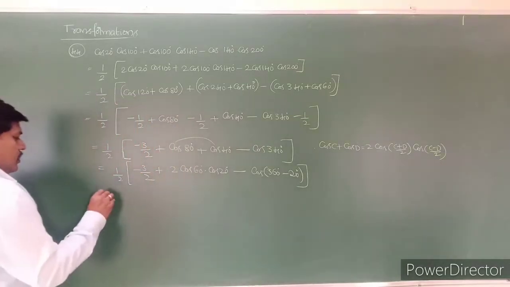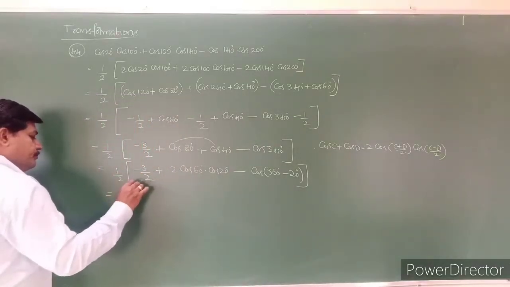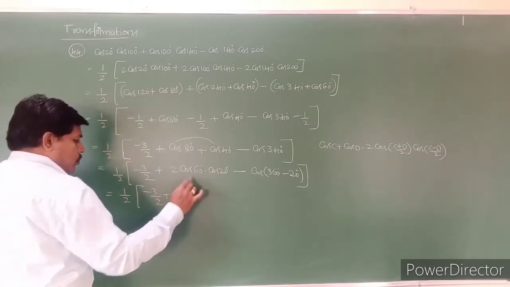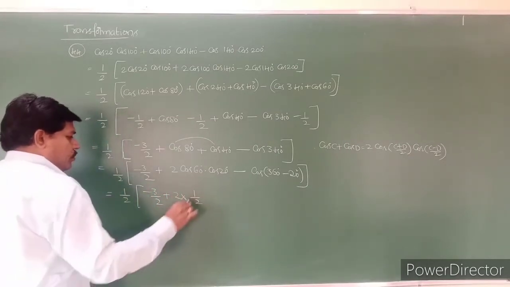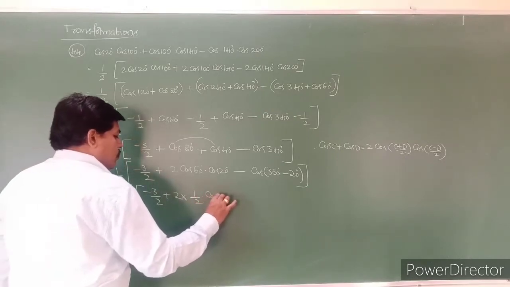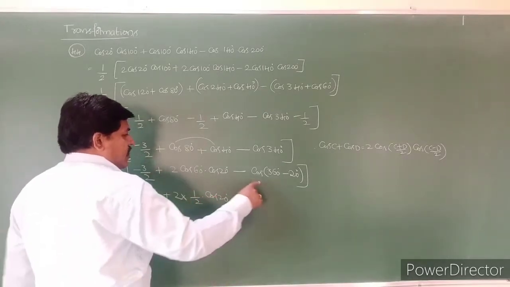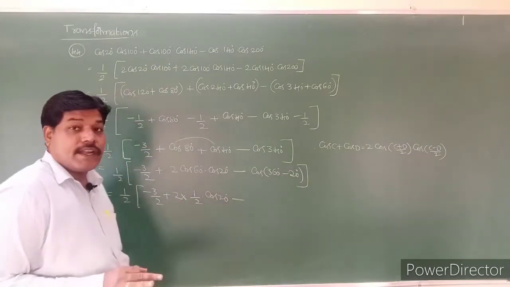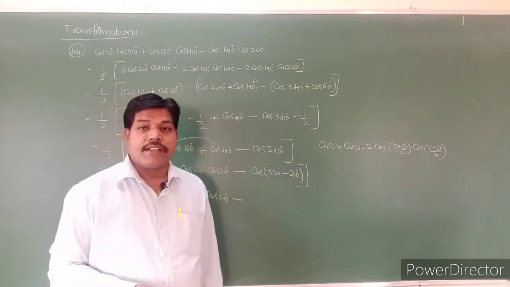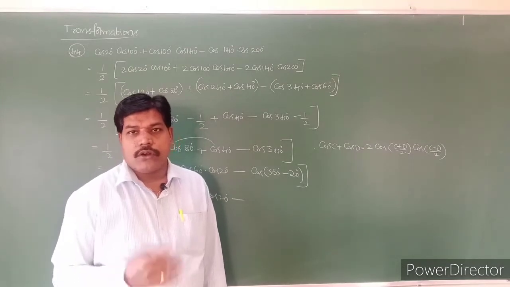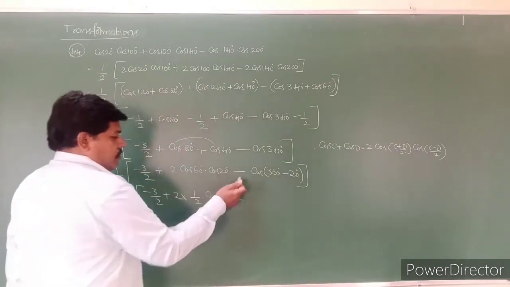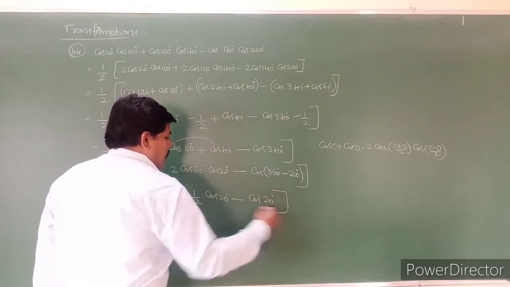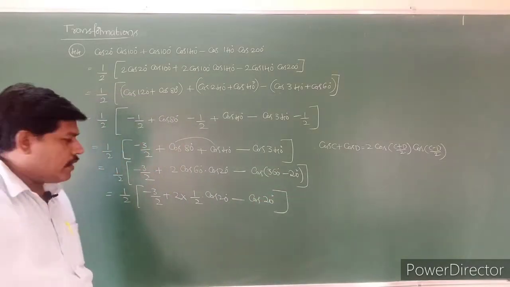So that is equal to 1 by 2 into minus 3 by 2 plus 2 into cos 60, which is 1 by 2, into cos 20, minus cos of 2 pi minus theta in the fourth quadrant. In the fourth quadrant cos is positive, so it keeps the same sign. So it will become cos 20 degrees.